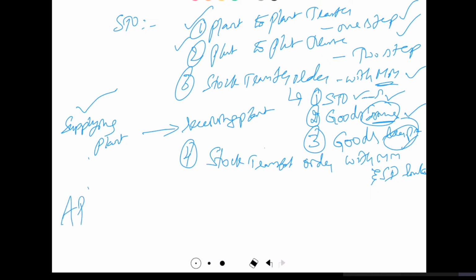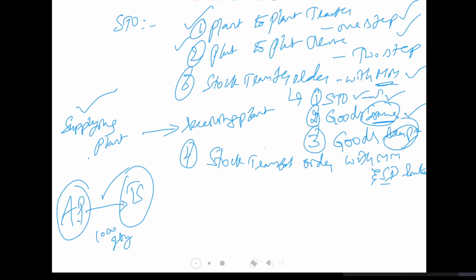Now my plant is in Andhra Pradesh, and my other plant is in Telangana. Now I just want to transfer the goods from Andhra Pradesh to Telangana. I'm sending 1000 quantity from Andhra Pradesh to Telangana. Now, what will happen if we are not using the SD route?